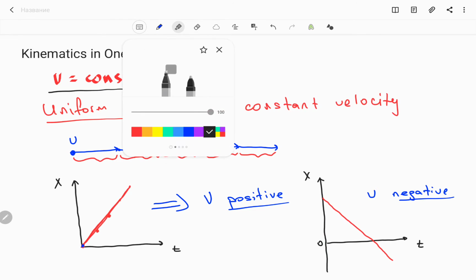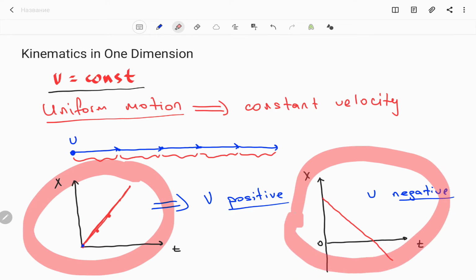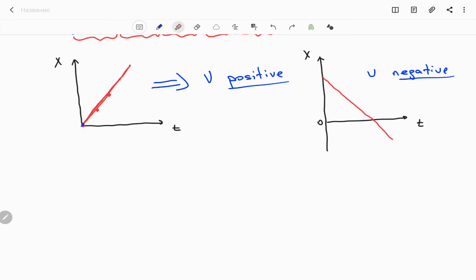If you have this kind of graph, then it means the car is moving to the right side. If your graph goes downward, like in this one, it means your object is moving to the left direction, in the wrong direction. And this is just one example of the graphs. You can also draw different graphs.